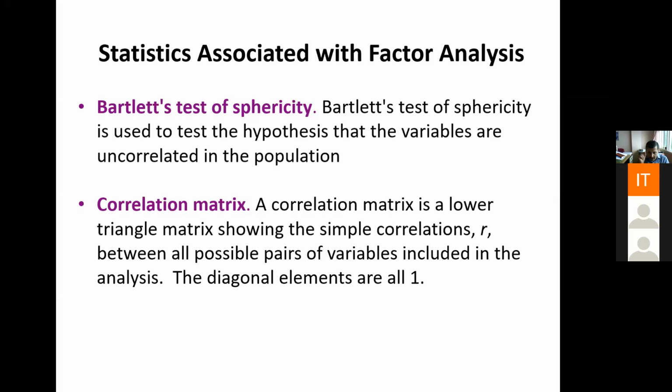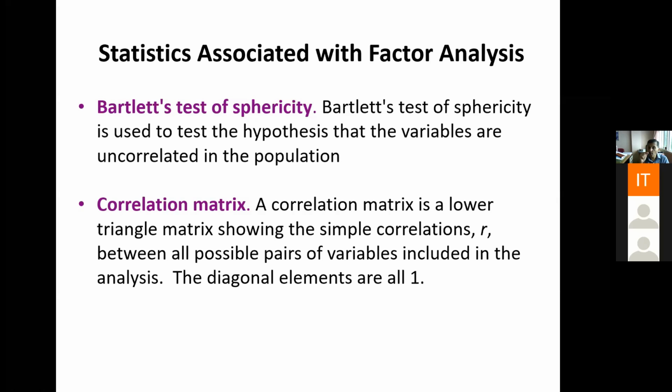So Bartlett's test of sphericity must support our alternative hypothesis, which means the p-value must be less than 0.05. We must say that our Bartlett's test of sphericity is significant. If it is significant, that will indicate that my variables are correlated.